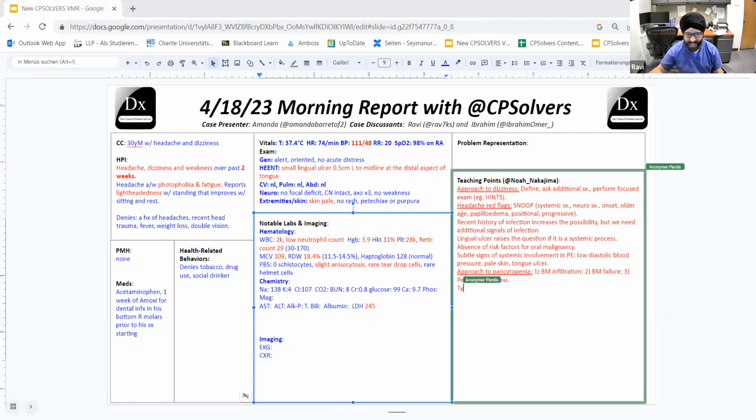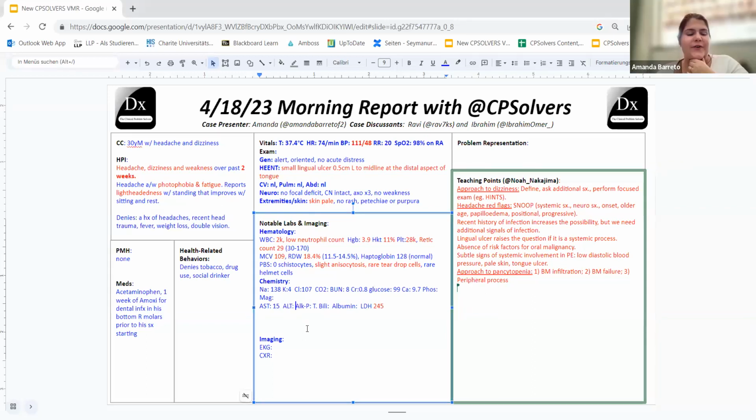Amanda, help us, give us some more data to help us along the course. So the calcium is 9.7, total bili 0.9, protein 8.3, alkaline phosphatase 77, AST 15, ALT 16, PT 13 seconds, and INR 1.2.